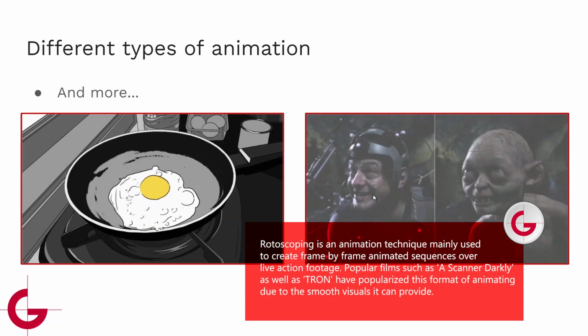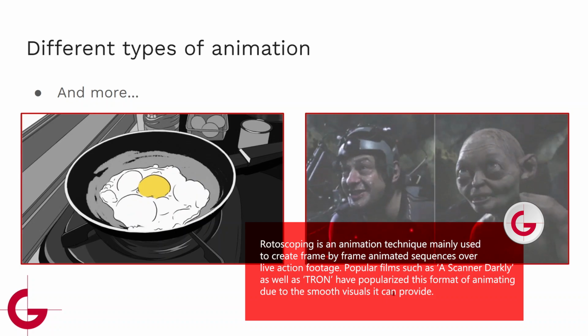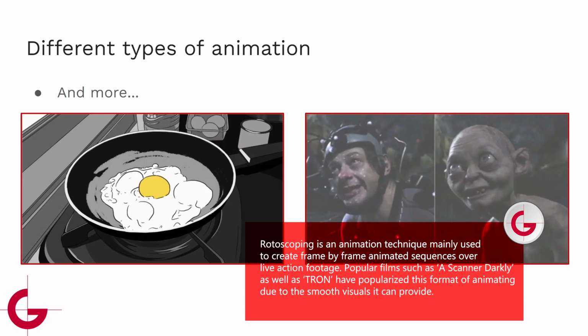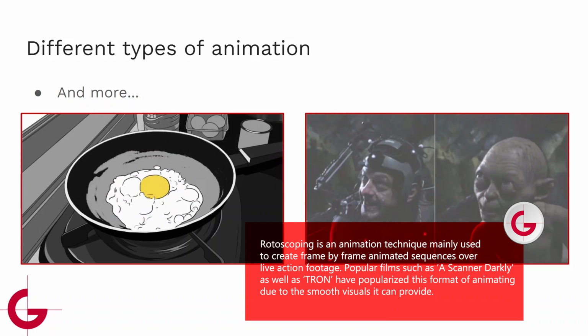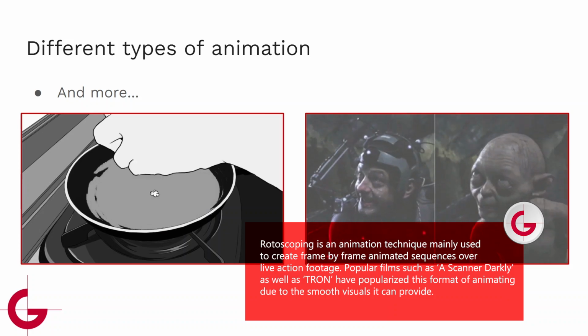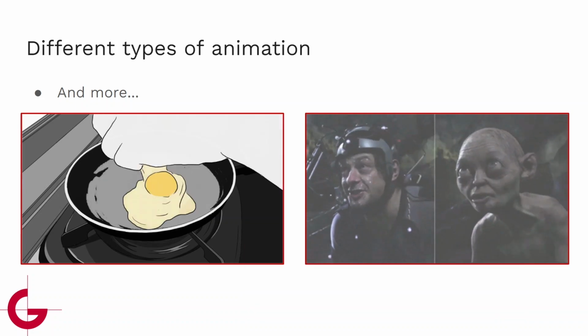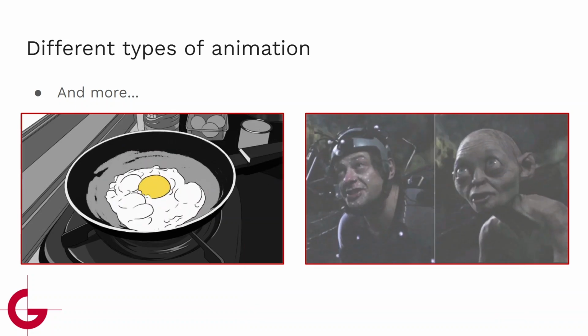And on the right here, we can see motion capture, which is gaining more and more popularity. It is used when you want to capture a very detailed animation that you don't want to spend a lot of time animating manually.